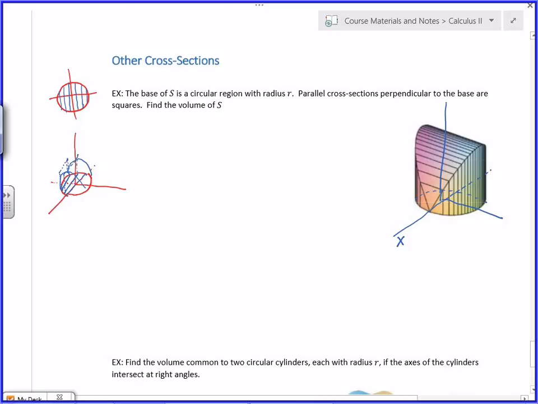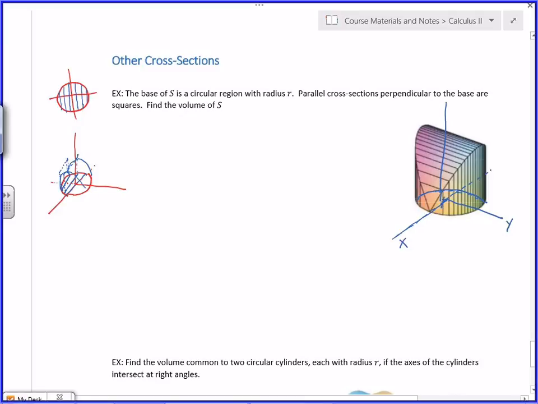No, I want to make that my y-axis. Just follow my logic here. This is my x-axis, and this is going to be my y-axis. Okay, so here's my circle right there. All right. So what I want to do is pick a value on my... No, I actually had it the way I wanted it the first time. Sorry. I want this to be my x-axis, this to be my y-axis.